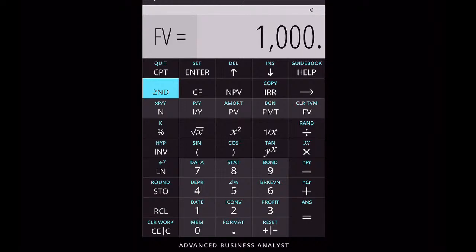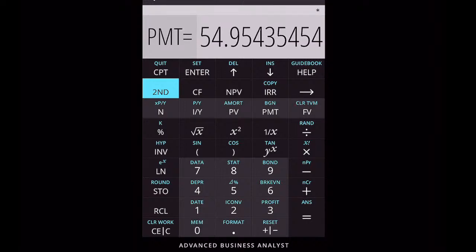Then I compute payment. So this is the payment to be received. It's $54.95, and I should keep some more decimal places.